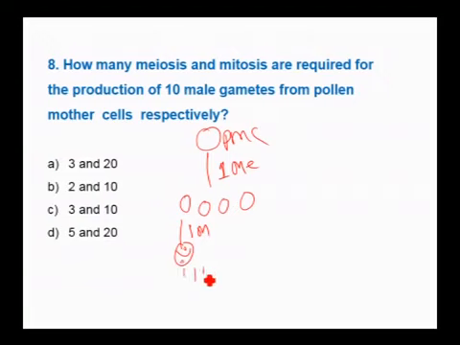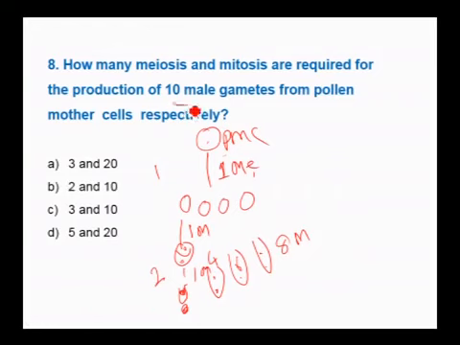Again, one more mitosis to produce 2 male gametes. So, one pollen mother cell to produce 2 male gametes needs 2 mitosis and 1 meiosis. To produce 4 gametes, 4 mitosis, 1 meiosis. To produce 6, 6 mitosis, 1 meiosis. To produce 8, it should be 8 mitosis and 1 meiosis.